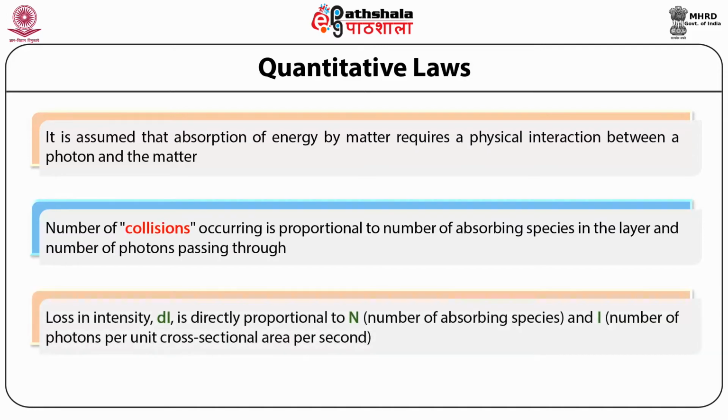Thus, the loss in intensity dI is directly proportional to n, the number of absorbing species, and I, the number of photons per unit cross-sectional area per second.